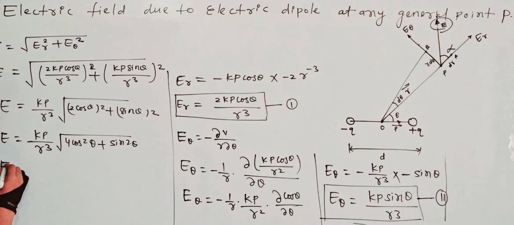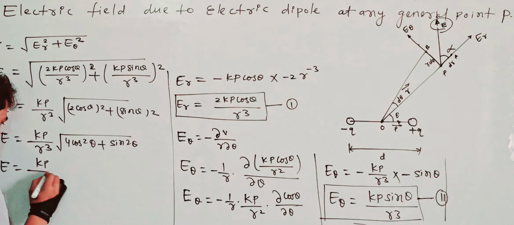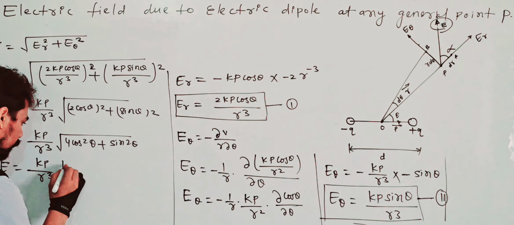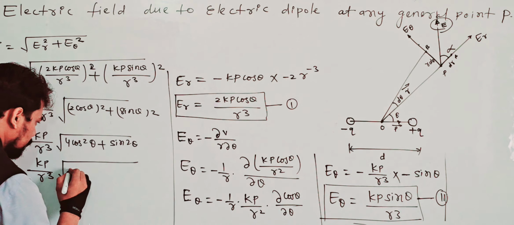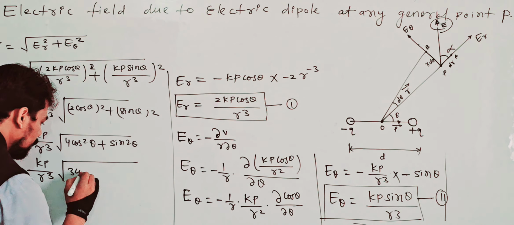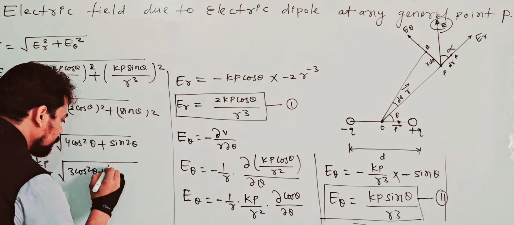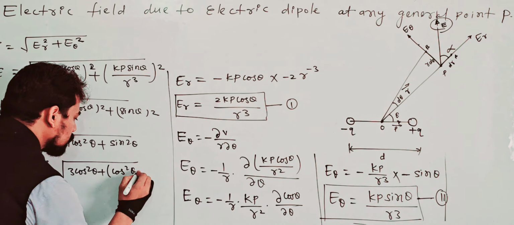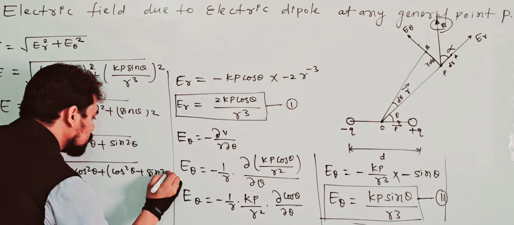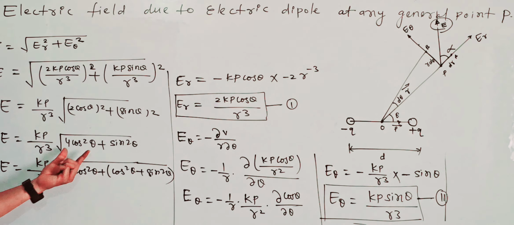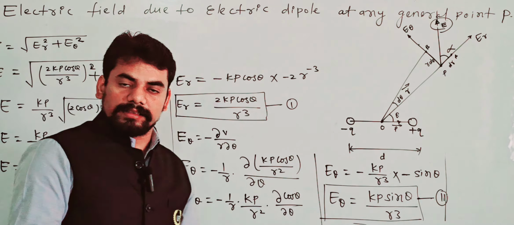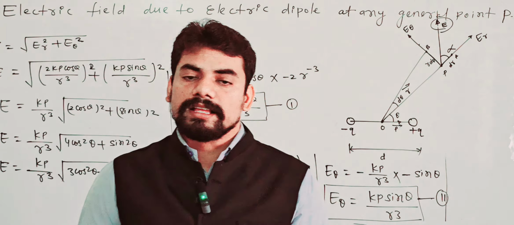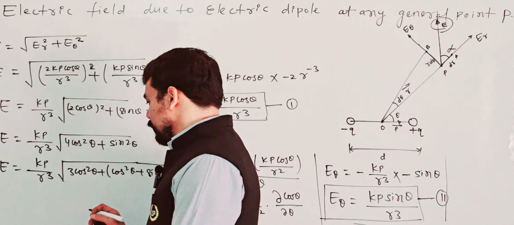We can write 4 cos square theta as 3 cos square theta plus cos square theta, and cos square theta plus sin square theta is 1.